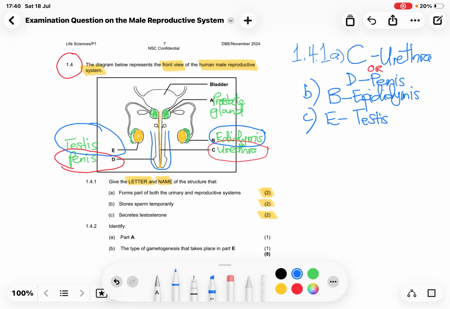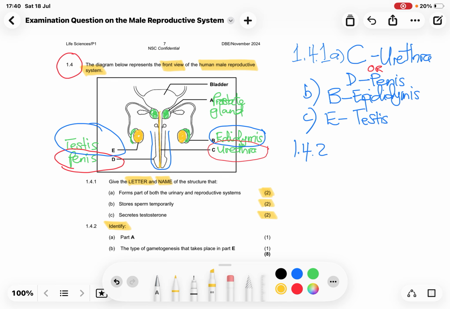Right, now let's look at question 1.4.2. 1.4.2 also is requiring you to identify. All right, identify.